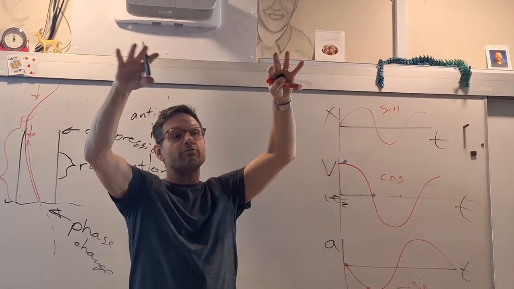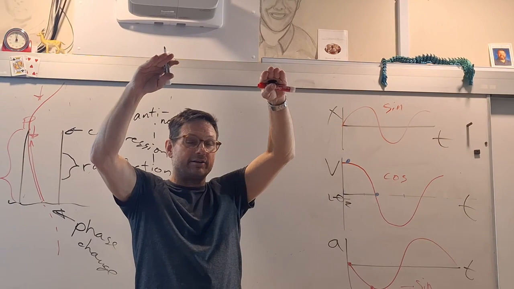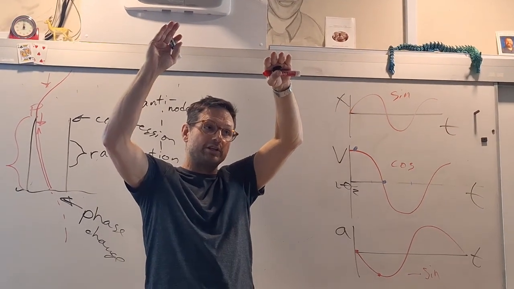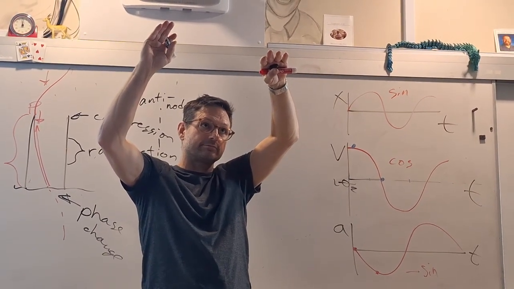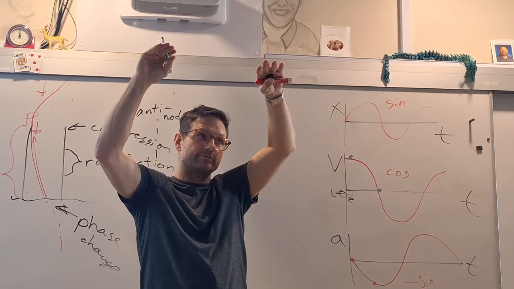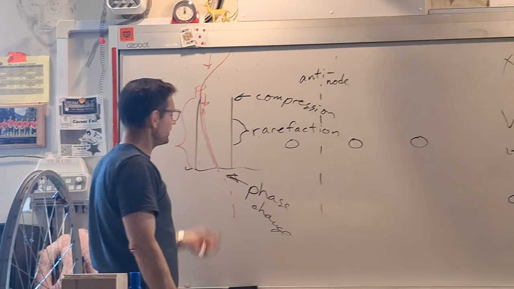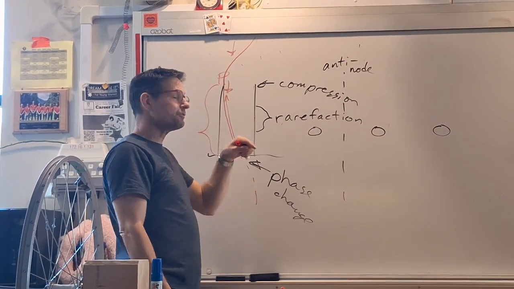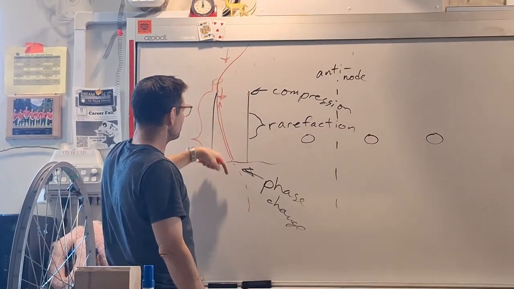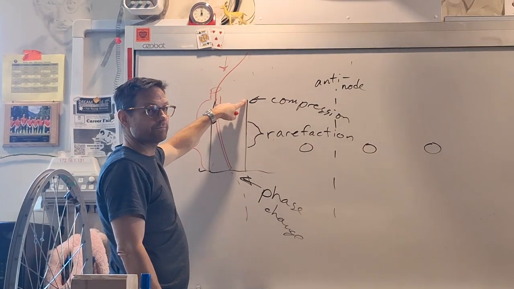So if there was no phase change, a half a wavelength would be... Yeah, but with the phase change you get to skip a half a wave. That's right, yeah. You also have to remember that it takes time to go down and come back, right?